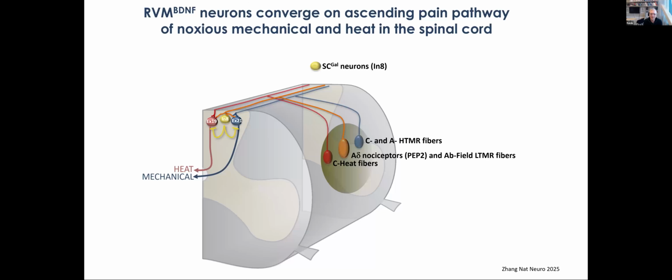And we did the rabies tracing here and found that the inhibitory 8 neurons are innervated by A-delta nociceptors and A-beta field LTMRs. So this is probably a gate neuron that Frank was talking about. And the interesting thing in this project was that this inhibitory 8 neuron is actually the spinal cord GAL neuron. So basically these RVM BDNF neurons are intersecting in the ascending pathway through these feed-forward inhibitory neurons in the spinal cord.